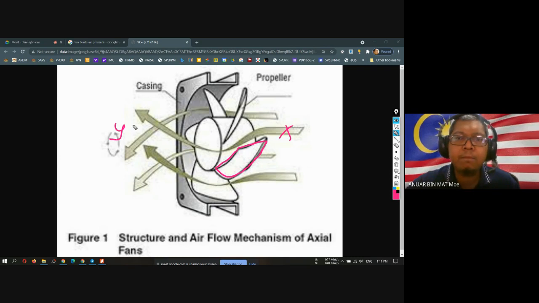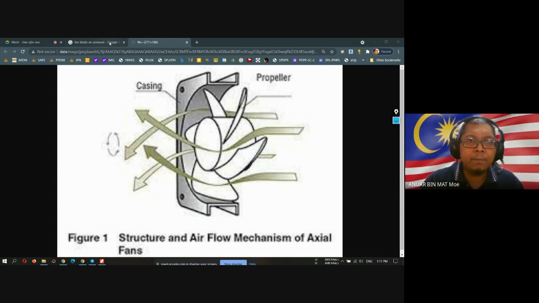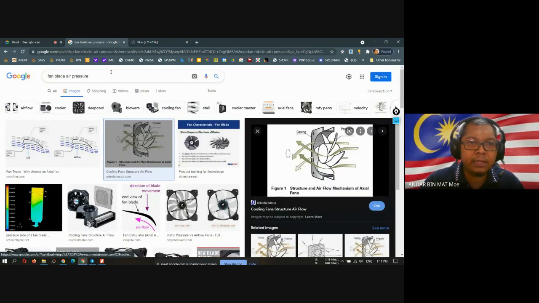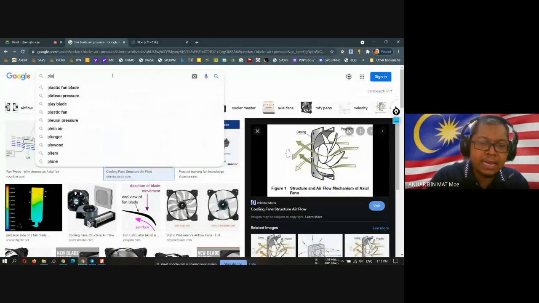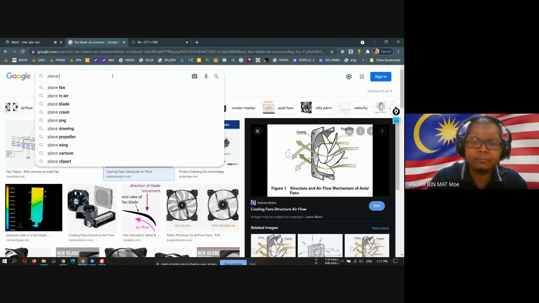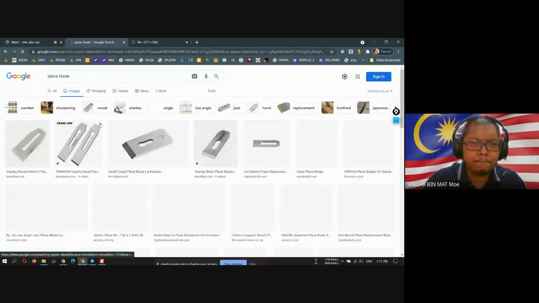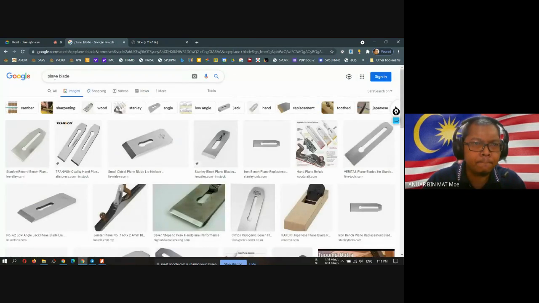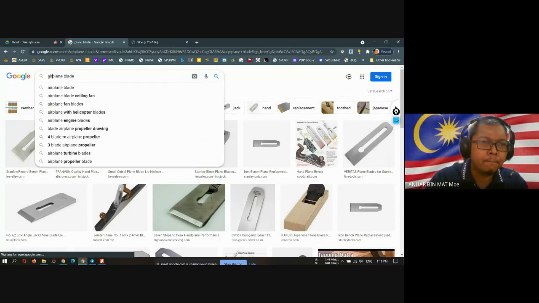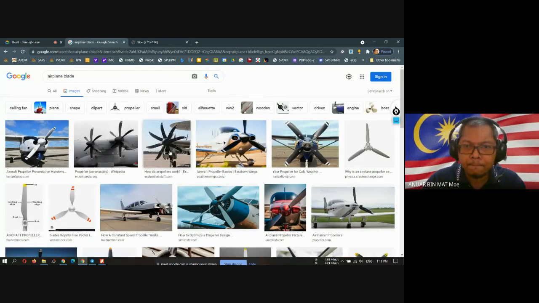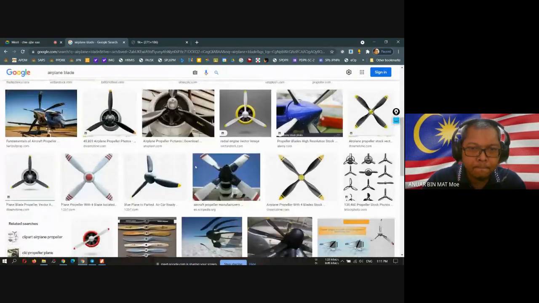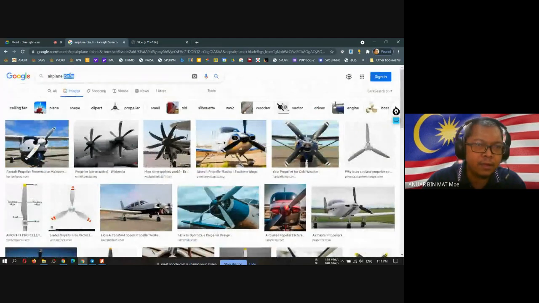The same mechanism applies to airplane wings, not blades, wings.